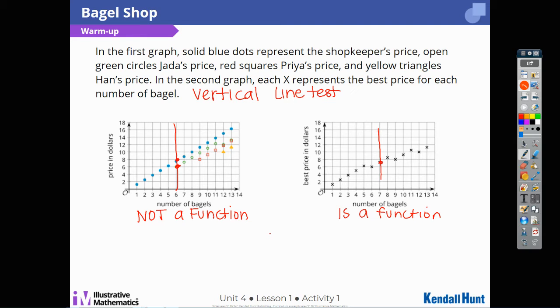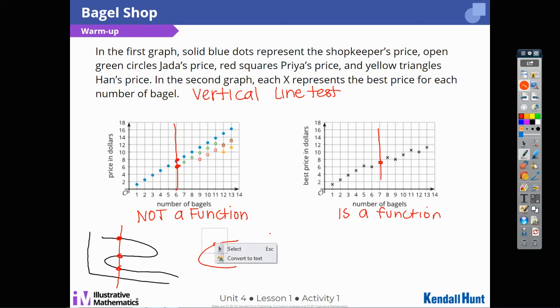Some more examples of graphs that would not be a function. So if you have a graph and it goes like a zigzag like this, and you draw a vertical line down it, you can see that it's going to pass through that 3 times. So it touches that 3 times, so it is not a function. If it just makes a U, it is not going to be a function.